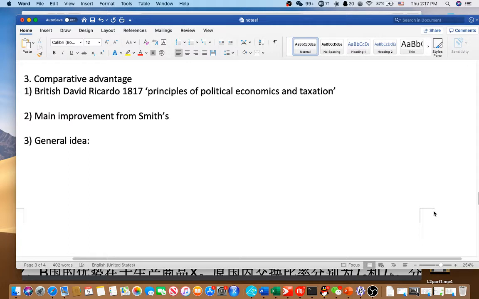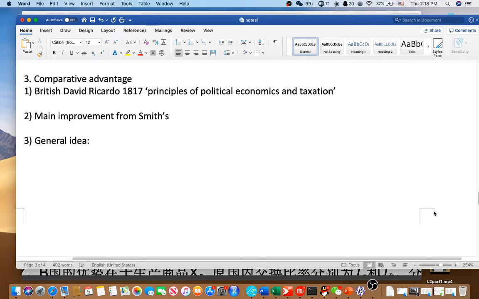It resolves Smith's limitation of excluding the participation of an economy without absolute advantage in the international division of labor, and developed it into the comparative advantage that determines international trade. Generally speaking, that is the greatest advantage while the least disadvantage.